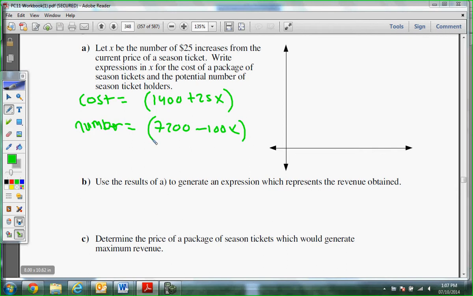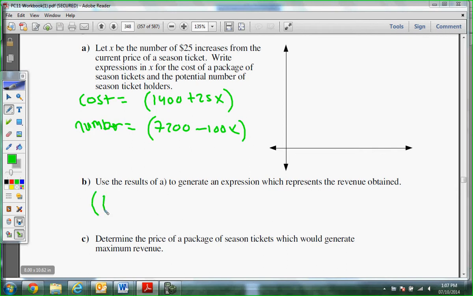We're going to use the results to generate an equation and find a maximum to maximize our profit. This is what people use in marketing and accounting to maximize revenue.